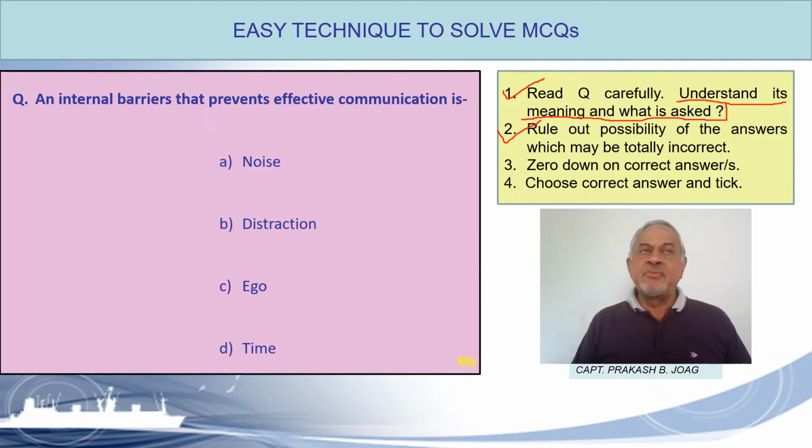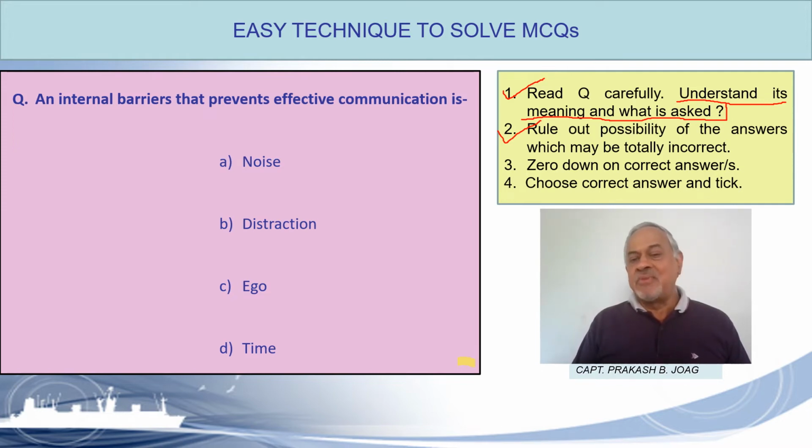And suppose out of 4 options, 2 options you rule out totally, that this cannot be a correct answer or it is not pertaining to the subject, which is totally tangent. Then what happens? You are only left with 2 options, and even if you don't know the answer and you tick mark any one of them, 50% chances are there of getting the correct answer. 50% it may be wrong, 50% it may be correct.